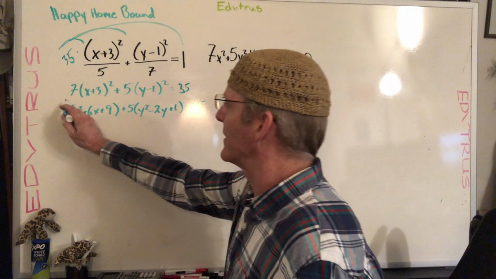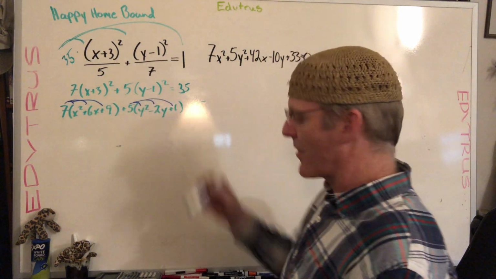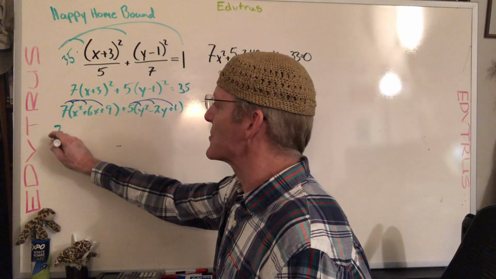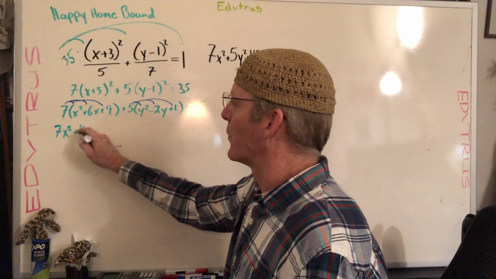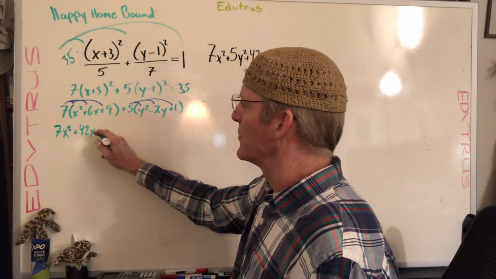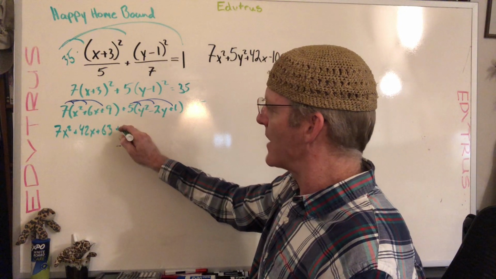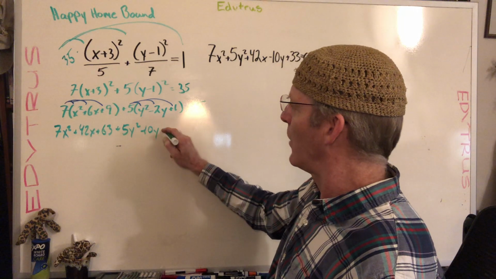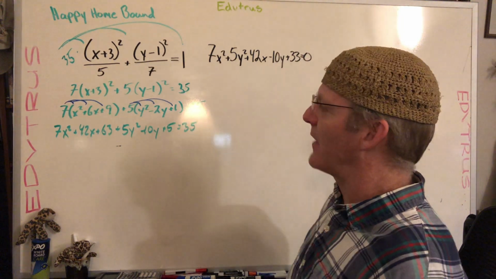So we're going to take the 7 here, here, here, the 5 there, there, and there. So that's going to give us 7x squared plus 42x plus 63 plus, now we're into the y's, 5y squared minus 10y plus 5 equals 35.